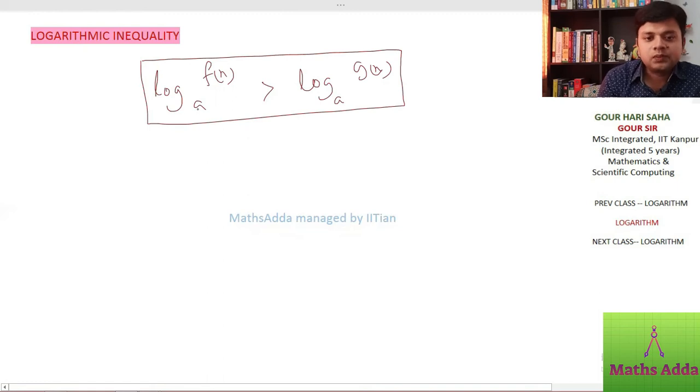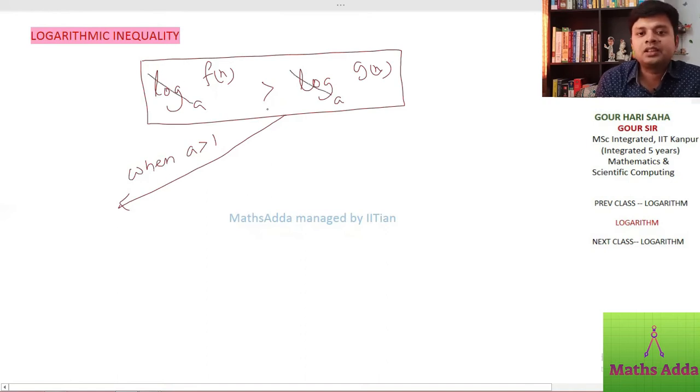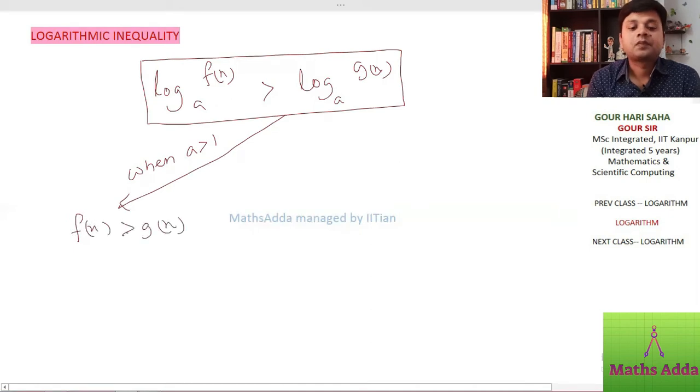First we must see what the base is. So I divide into two situations. When a is greater than 1, what do you do? Just remove these log terms, and then f(x) is greater than g(x).